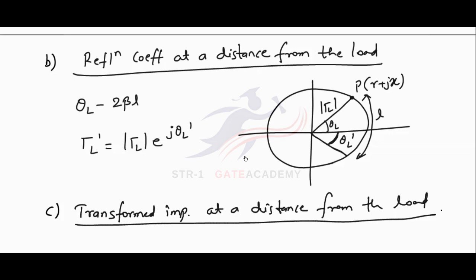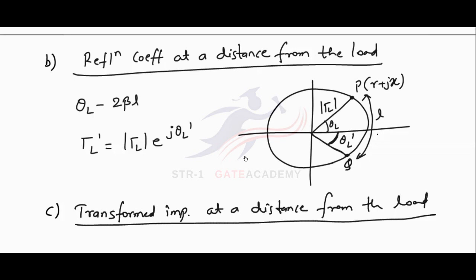Till this point you have to repeat. This point is Q, suppose. So first of all you will plot the given impedance, and then you will travel a distance L. For that you will find the 2 beta L value, subtract it from theta L, and you will get the new point Q. The new point Q will give you an intersection point of R and jX.